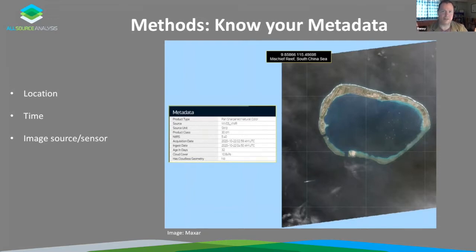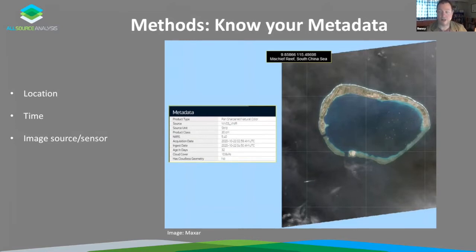So there are coordinates. There's a coordinate reference system embedded in each image, so you can get latitude and longitude coordinates from each image. There's a time for when the image was collected, and then there's an image source and sensor in the metadata.